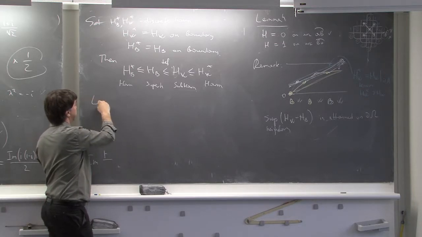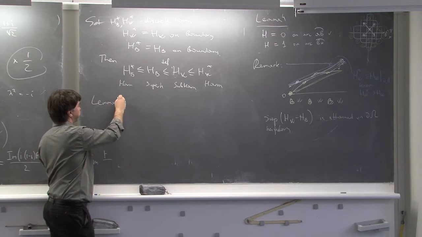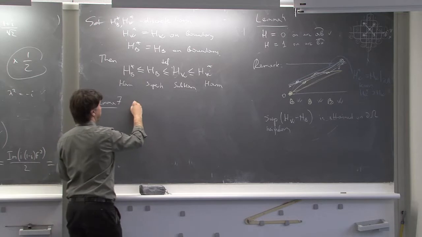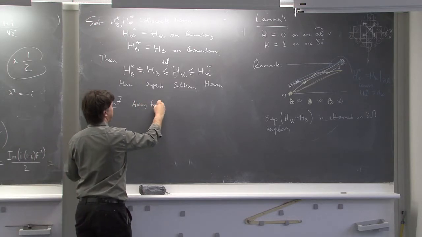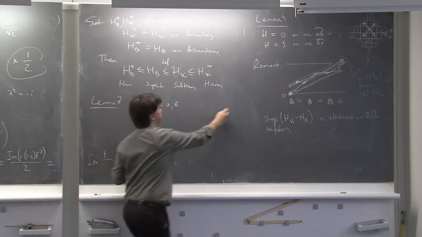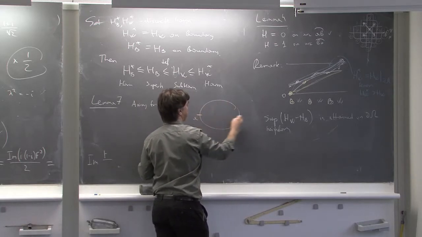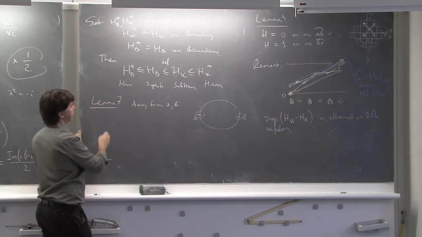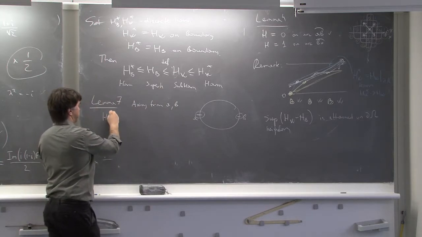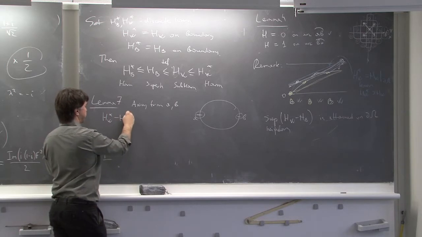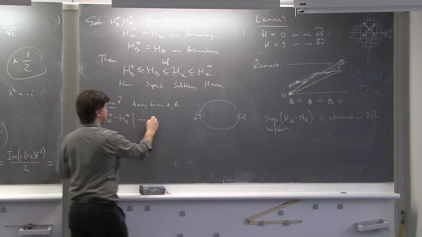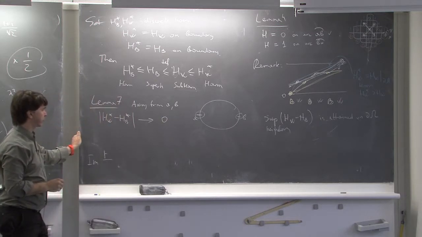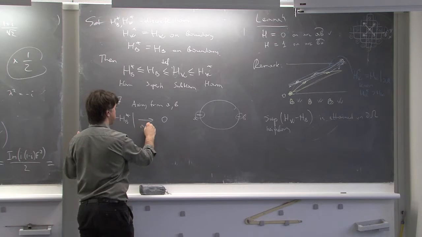Now, let's say lemma, what was it, 7. So away from A and B, so if we take our domain and we take away some neighborhoods of A and B, HW star minus HB star tends to 0 as the mesh of the lattice tends to 0.